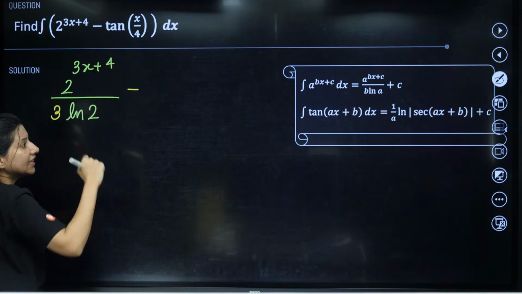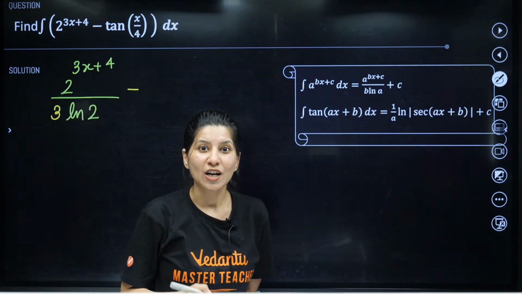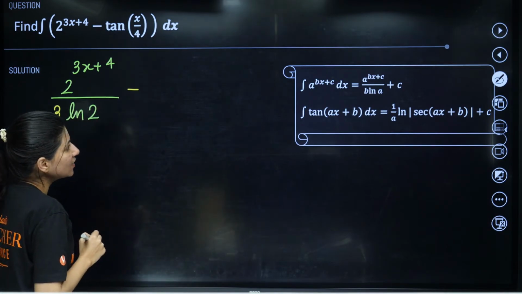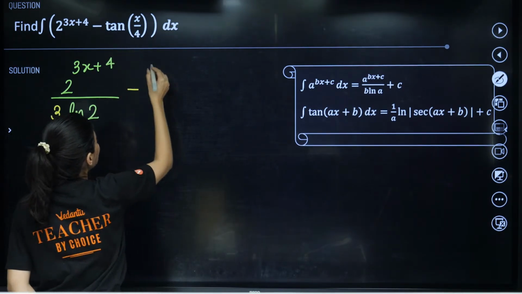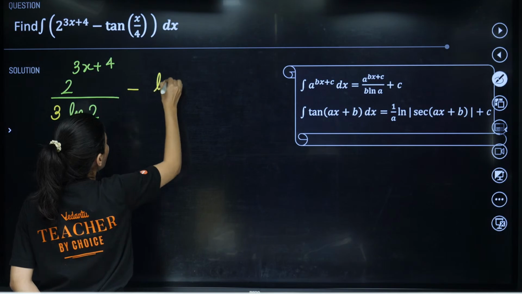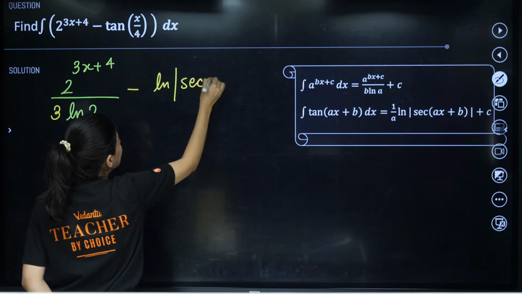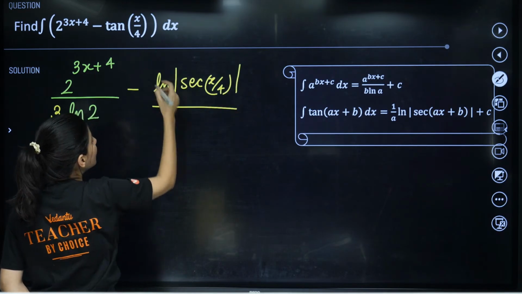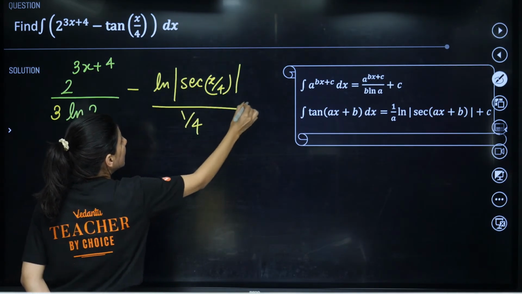Minus the integral of tan, which is log of sec x. So the integration of tan x by 4 is log of mod of sec of x by 4. Let's not forget to differentiate this over here, plus c.